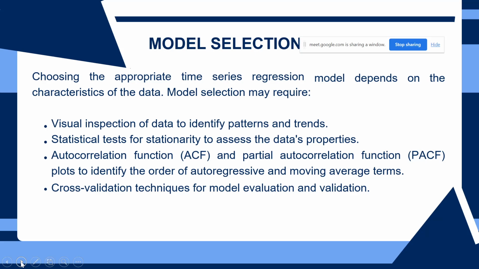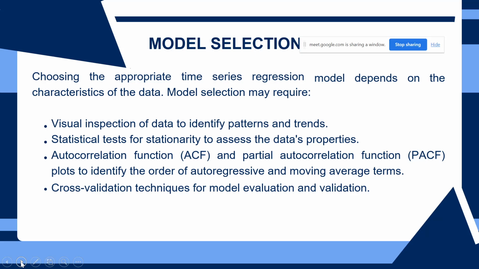First is choosing the appropriate time series regression model. It depends on the characteristics of the data. Model selection may require, first, visual inspection of the data to identify patterns and trends. Second, a statistical test for stationarity to assess the data's properties.